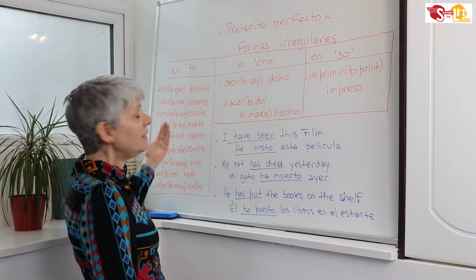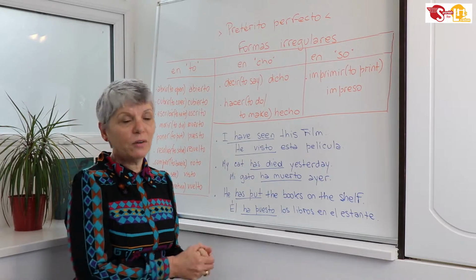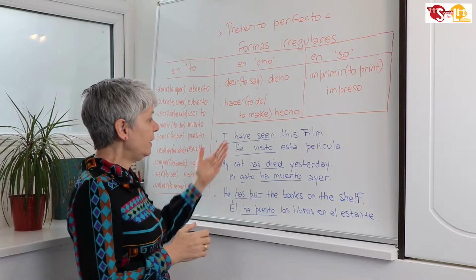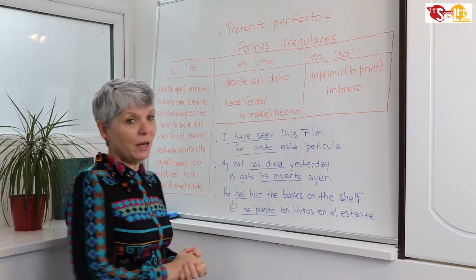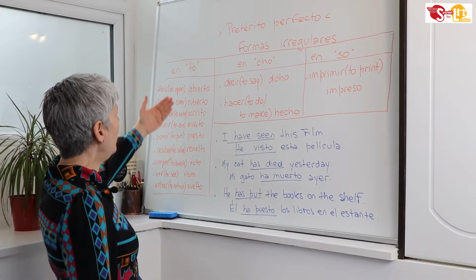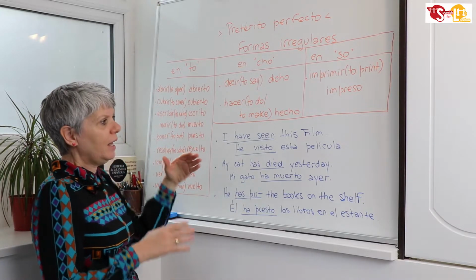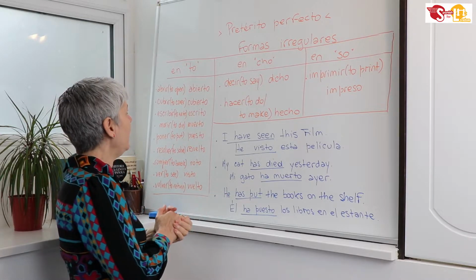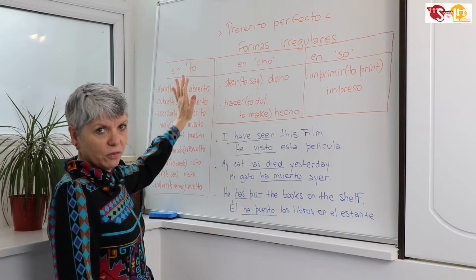Okay, so let's see now the irregular forms. I wrote the irregular forms in orange, en naranja, and then I wrote some examples in blue, algunos ejemplos en azul. So, we have basically the main verb for the present perfect ending with to for irregular verbs.